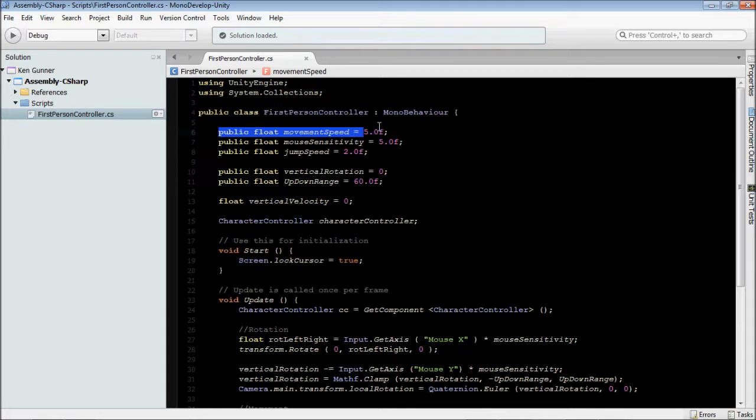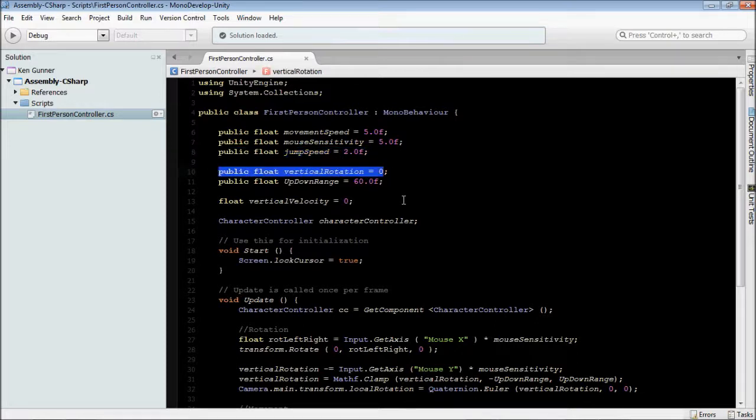So, movement speed is how fast you move around. Mouse sensitivity is how fast you turn when you look up, down, left, right with the mouse. Jump speed is how fast you go up, not how high. There's a calculation that you do to do height. It converts the speed into height using vertical velocity down here.